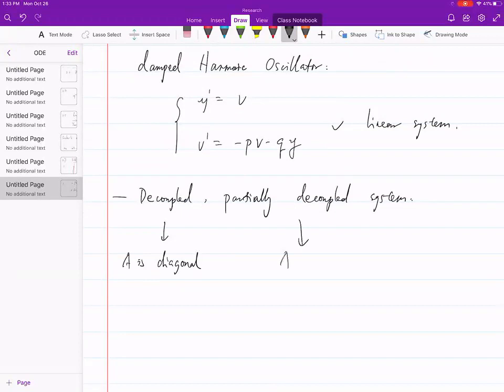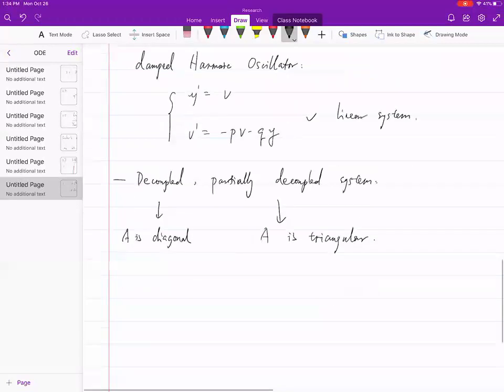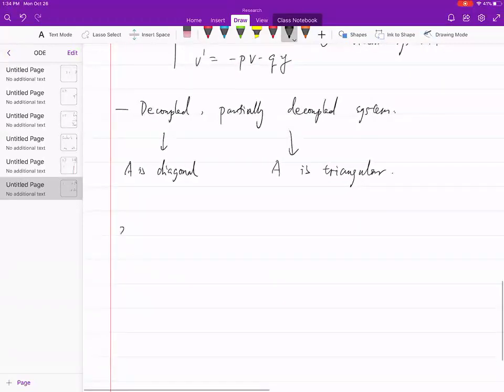This means A is triangular for our case, either upper or lower triangular. All right, that's the basic setup. Nothing particular here. Just a matrix form.